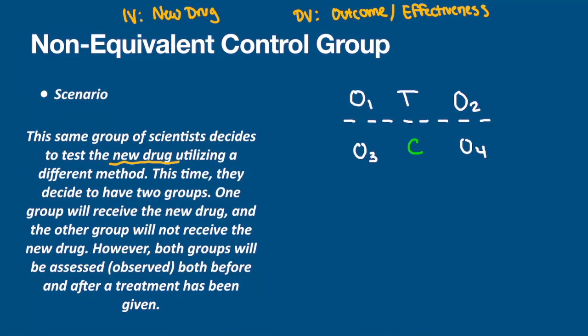So again, as we identify each of the things here, our O1 would essentially represent our first observation. Let's keep it the same as what we did last time. Let's imagine that our first observation here represents the assessment of someone's heart rate and blood pressure. The T represents the new drug.